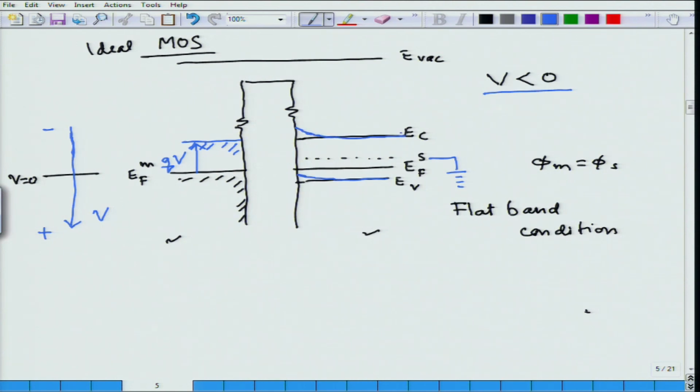If I have this situation, basically it says that I have more holes here, because now what I have done is my Fermi level, which is constant, is going to be moving closer to the intrinsic level, and I am going to have positive charge accumulation over the semiconductor side, and equivalent to this positive charge accumulation, I will have a negative charge on the metal side.